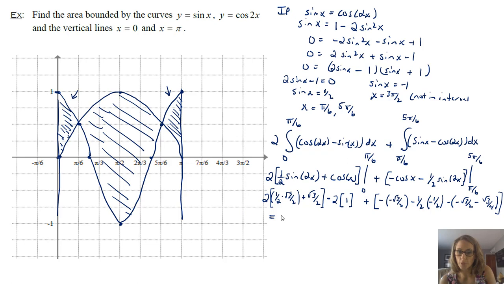If we do all this, we should get 3 root 3 over 2, just combining it all together, which is about 3.196 units squared. So notice this is pretty zoomed in here because this whole thing is just 1, and then we have a little piece on the bottom too. So that is what the answer should be. You can check that, make sure I'm right. But that should be all the values that we need.